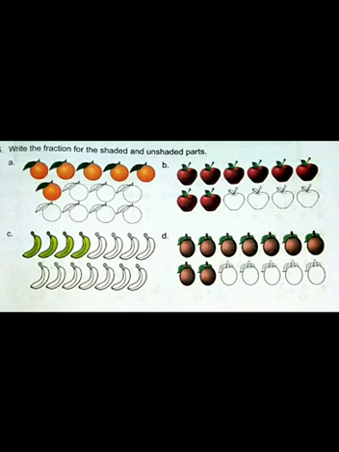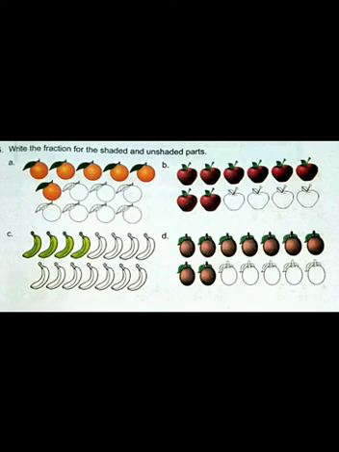Then let's count the number of the shaded parts. 1, 2, 3, 4, 5, 6. Then we have the fraction of the shaded parts. Shaded parts is 6 and the total number of parts is 13. So the shaded part is 6 by 13.